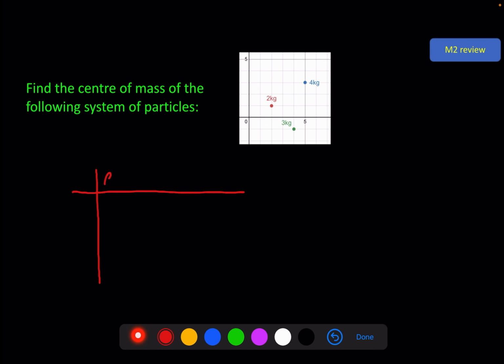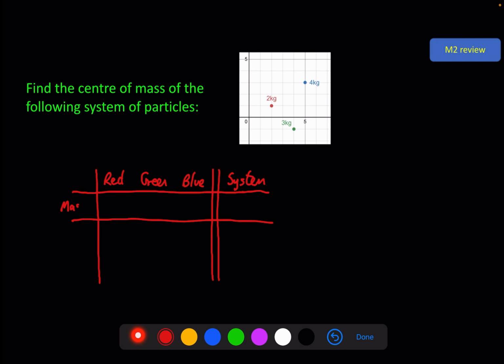So we've got three different particles, the red, the green and the blue, and then we've got the system as a whole. In M2 we had mass, or for a few questions relative mass, the x coordinates and the y coordinates.